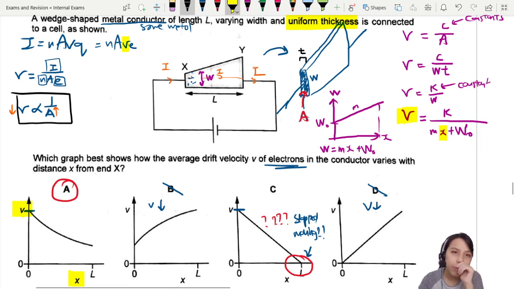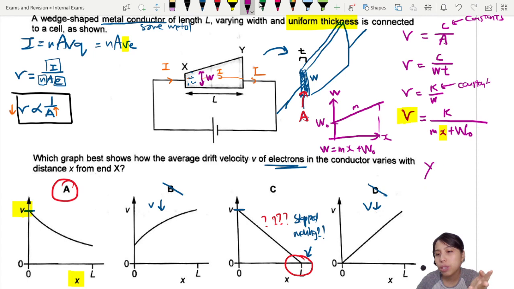So this is kind of what we call a reciprocal graph that has been transformed. It's similar to y equals 1 over x, but now you have to multiply by some constant k, and you have to shift your graph a bit because you have a plus some constant again. So this is what we call a reciprocal graph shape, which is a curve.